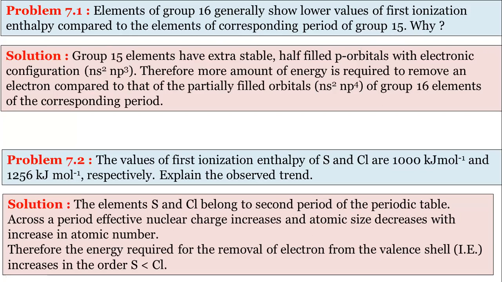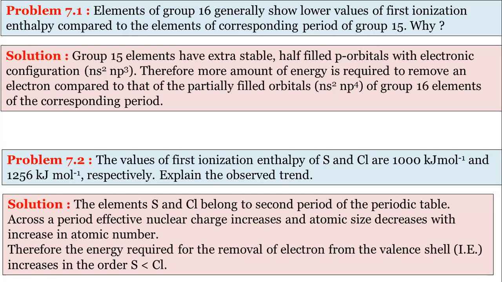Elements of group 16, meaning the oxygen family, generally show lower values of first ionization energy. First ionization energy means the amount of energy required to remove the first electron. The amount of energy required to remove the second electron is called the second ionization energy.